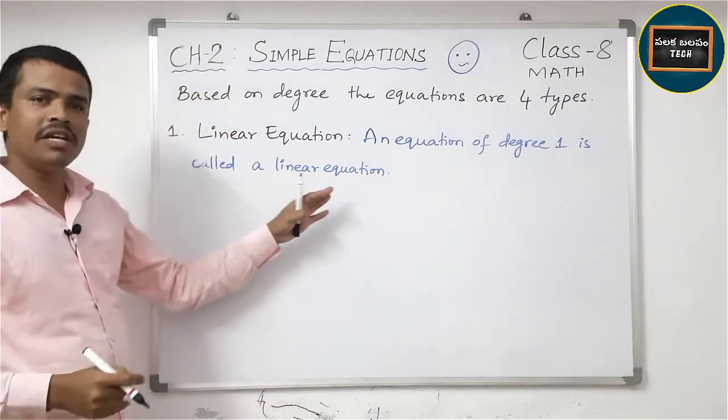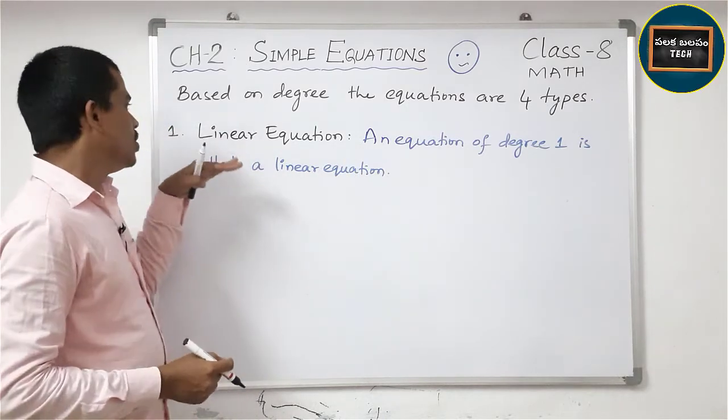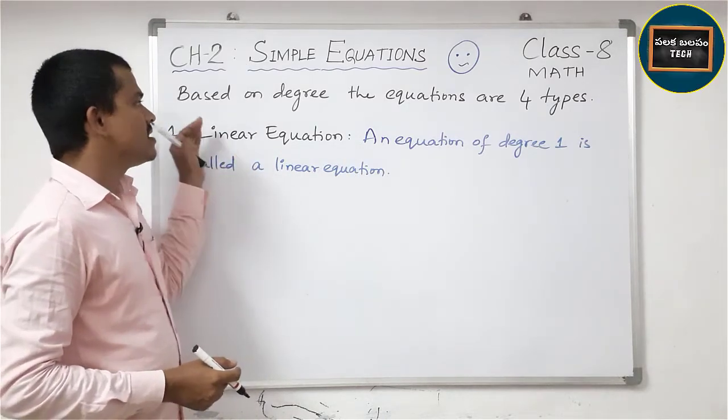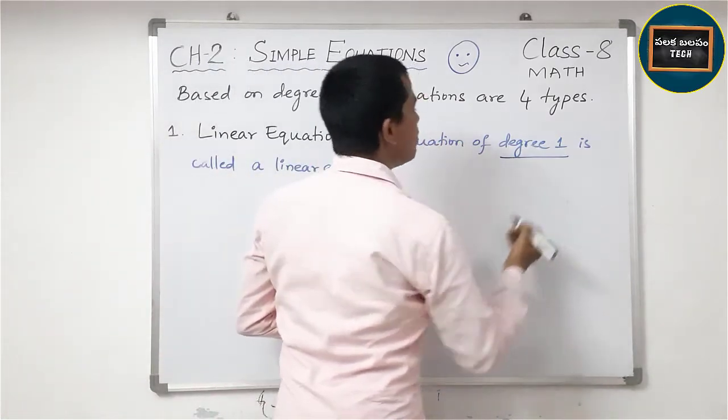An equation of degree 1 is called a linear equation. So to consider an equation as a linear equation, the degree must be 1.